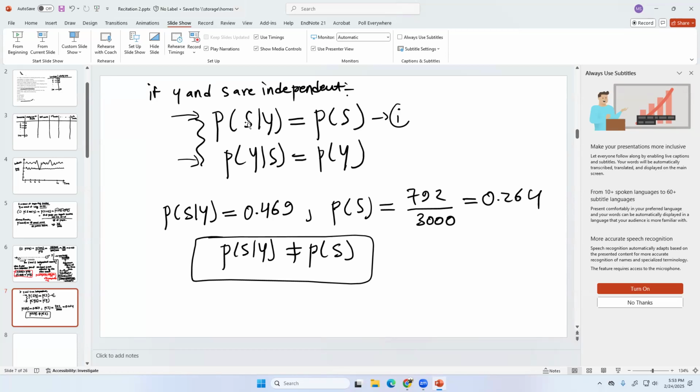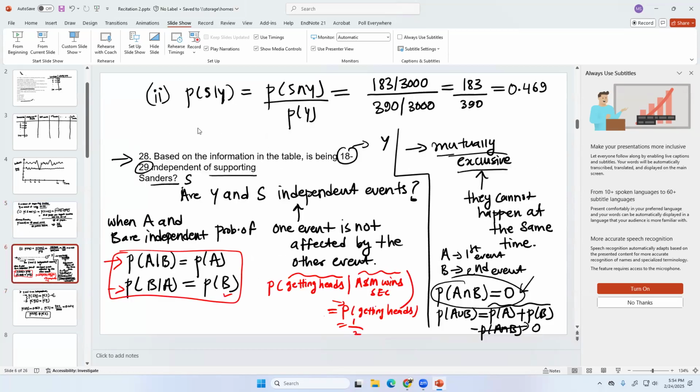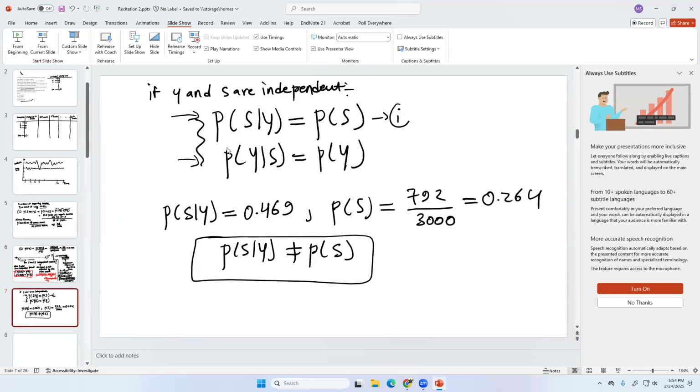You can just check for one. Since we already calculated this, I chose to go the first route, but you can also go the second route. It depends on what you have already calculated or what is already given to you in the question. So S and Y are not independent.